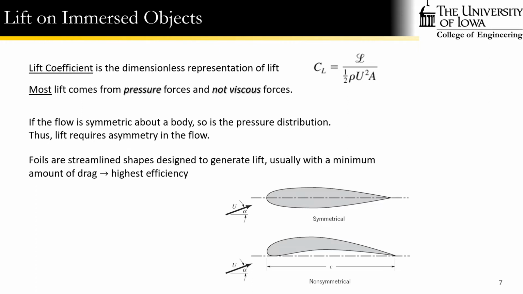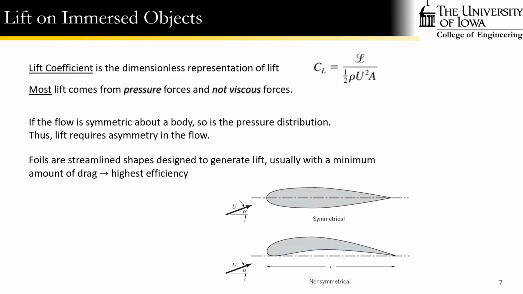Introducing this a little bit early, but foils are objects that were designed to generate lift, and they're usually somehow optimized to do so with a minimum amount of drag. So this is an example of a foil, right? It looks like what would happen if you cut a fan blade or a propeller blade or an airplane wing in half and looked at the cross section.